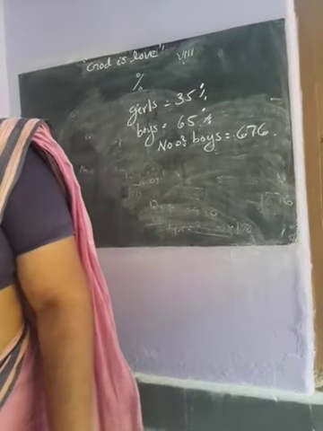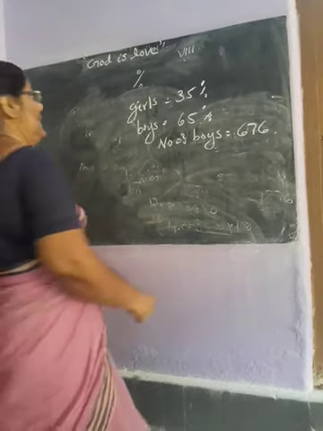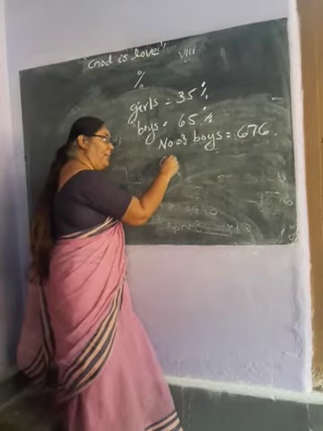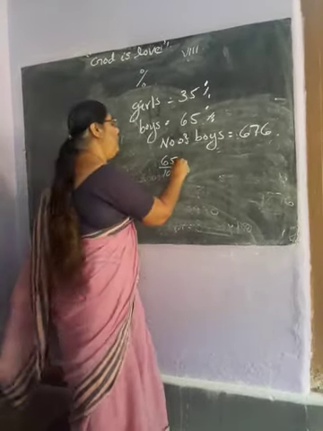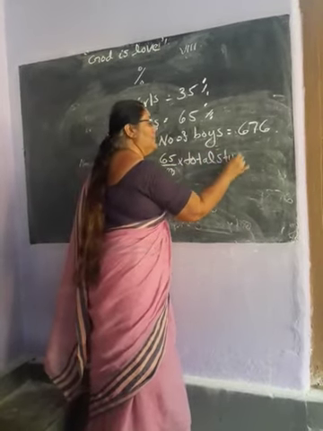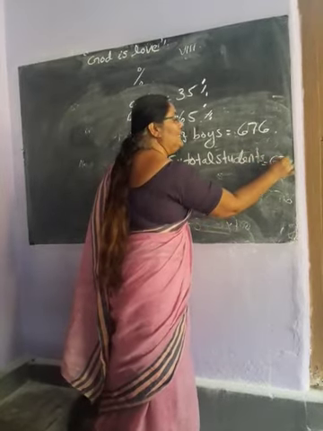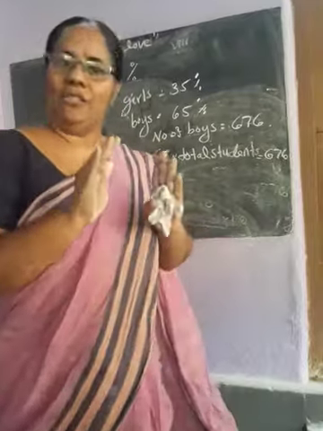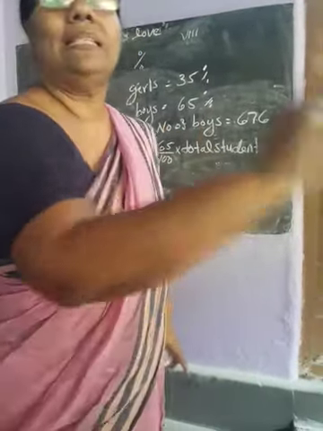Now, find the number of girls in the school. Number of boys is 676 means 65% of total students is equal to 676. The total students, we assume x.